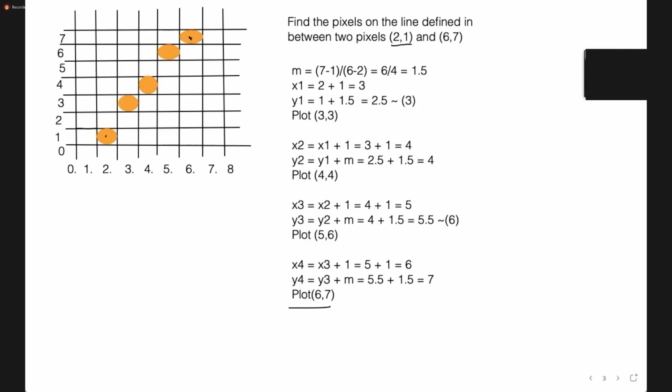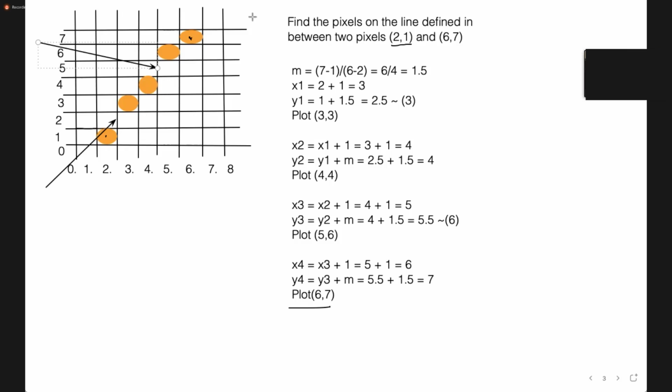Therefore, this is not continuous. Therefore, this cannot be taken as a solution for line drawing. This particular method cannot be taken as it is for line drawing.